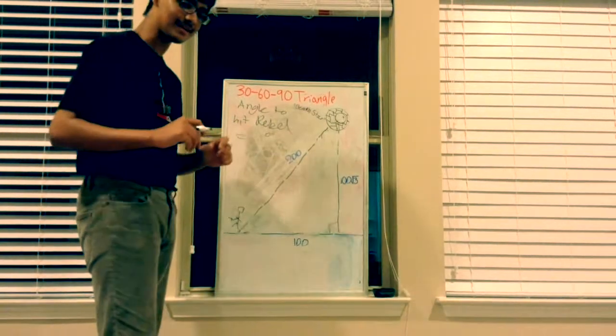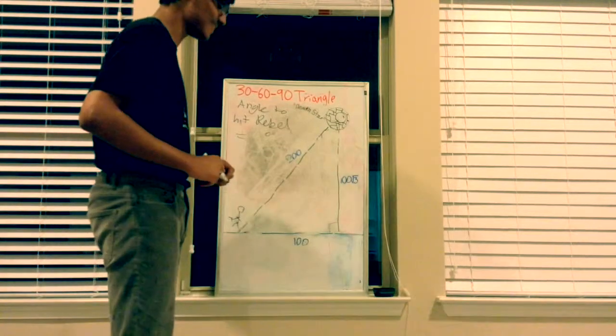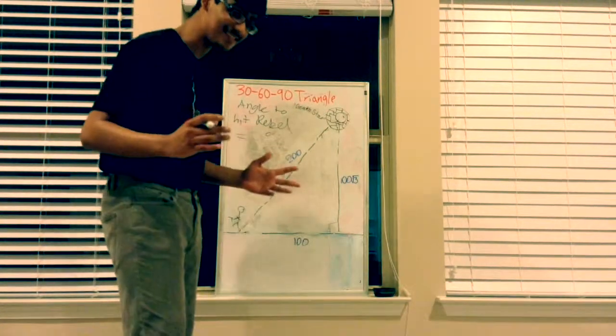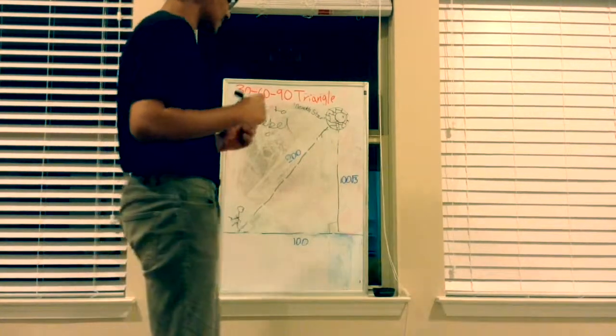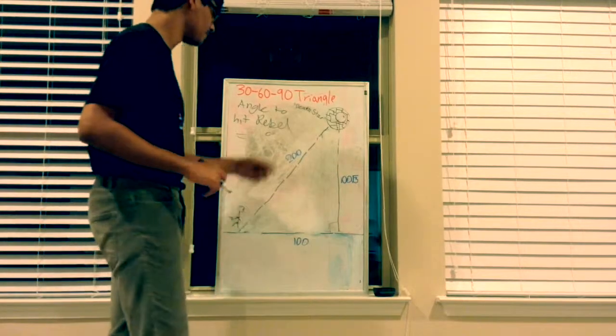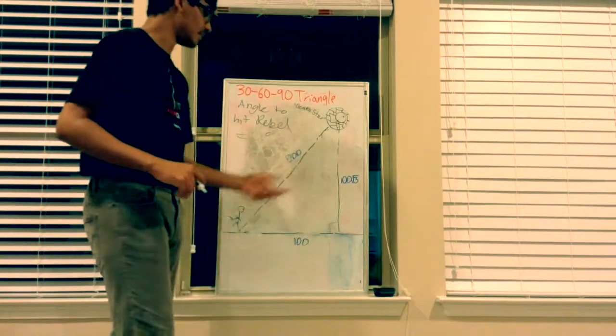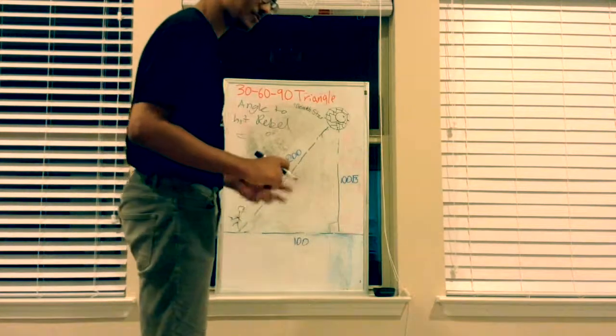When I look at this diagram, I think of two things: Star Wars and 30, 60, 90 triangles. 30, 60, 90 triangles, you ask? Well, if you look at it, it reminds me of a 30, 60, 90 triangle. If you make x equal to 100, then 2x is 200, and x root 3 is equal to 100 root 3.